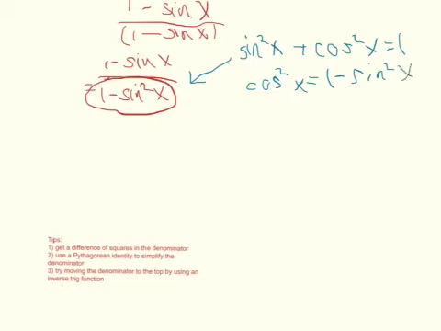From here, I can just plug in cosine squared x with our function right here. So I'm going to go ahead and do that. We get 1 minus sine x from our numerator. That stays the same. And then in our denominator, we get cosine squared x.